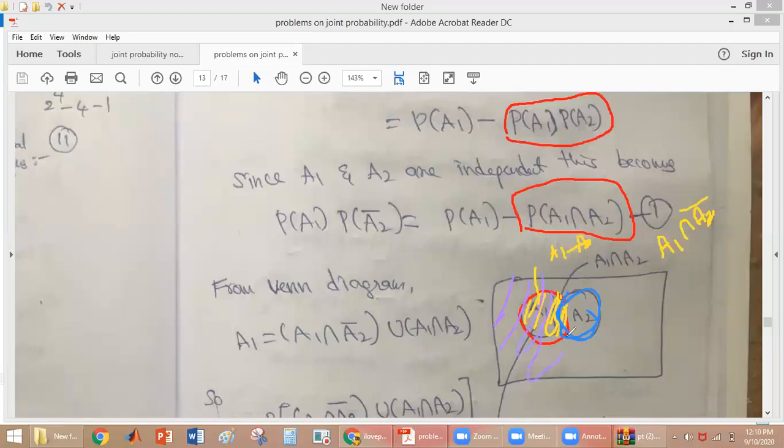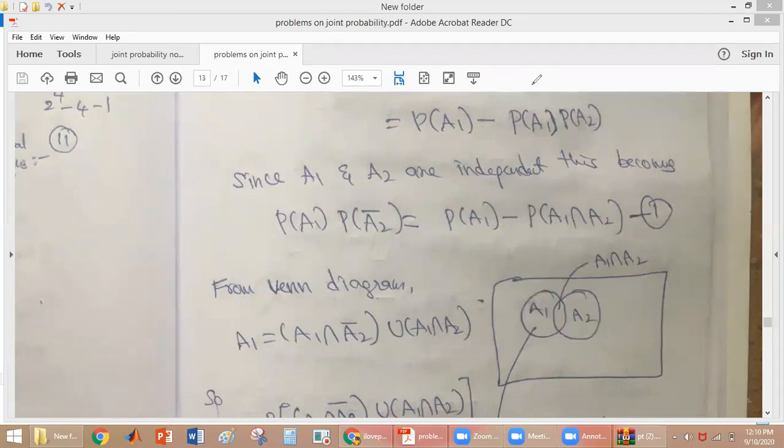If you find the intersection, we will be getting A1 minus A2, that is nothing but A1 intersection A2 complement. So from the Venn diagram we have seen that probability of A1 minus probability of A1 intersection A2 is nothing but probability of A1 intersection A2 complement. So this is also proved like this.